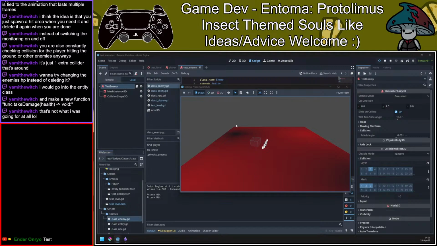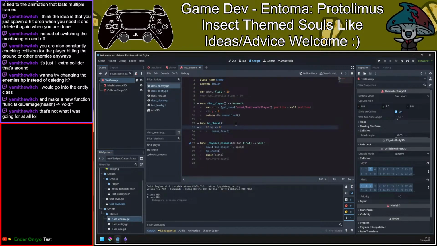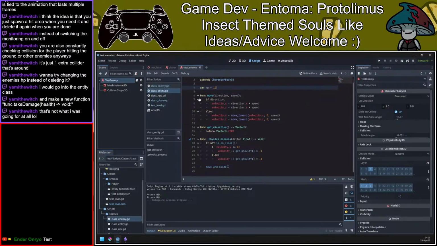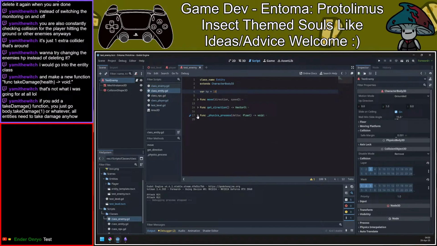There we go. Okay, well, that works. Probably not the most eloquent solution. Yeah, no. Adding a specific function for receiving damage is absolutely better. I just wanted to test my idea to see if it was feasible. Thinking about it, rather.